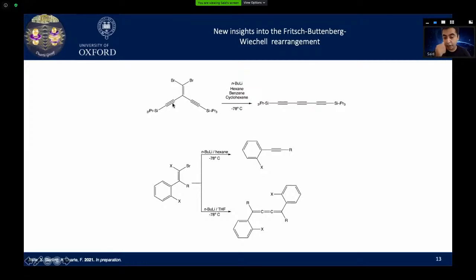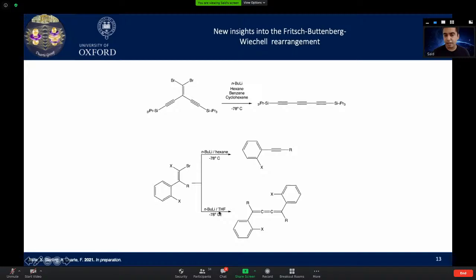While if we use polar and coordinating solvents such as tetrahydrofuran, we'll see that there are actually some dimerization reactions. Instead, from the same vinyl halide compound, if we use a solvent such as hexane, we will see the FBW rearrangement instead of this dimerization product.